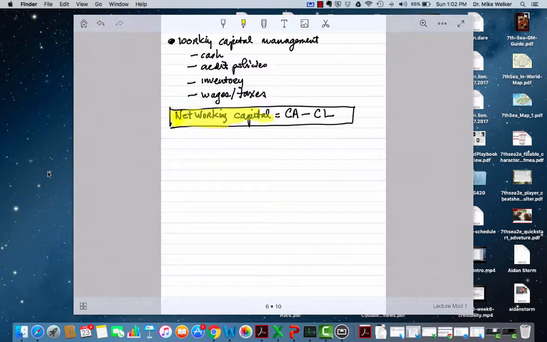Net working capital is current assets minus current liabilities. The larger the net working capital, the more the firm has to raise in terms of its long-term financing. That is a key idea to look at when you're considering a firm's health, right?